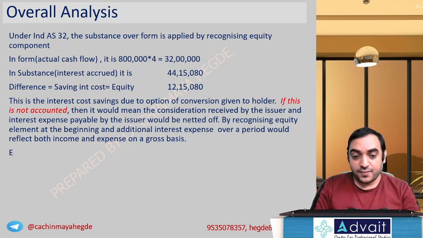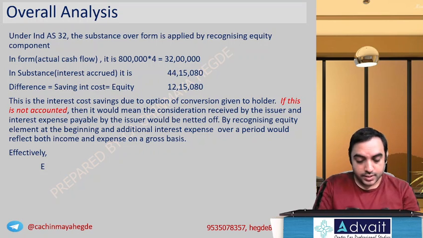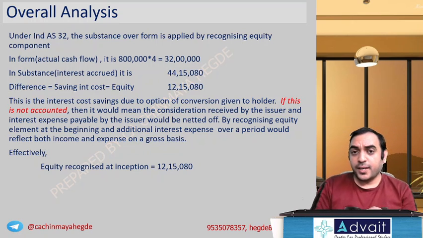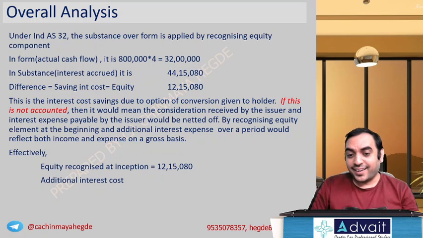Okay, so effectively, equity is recognized at inception. How much? 12,15,080. And additional interest costs, every year you calculate.